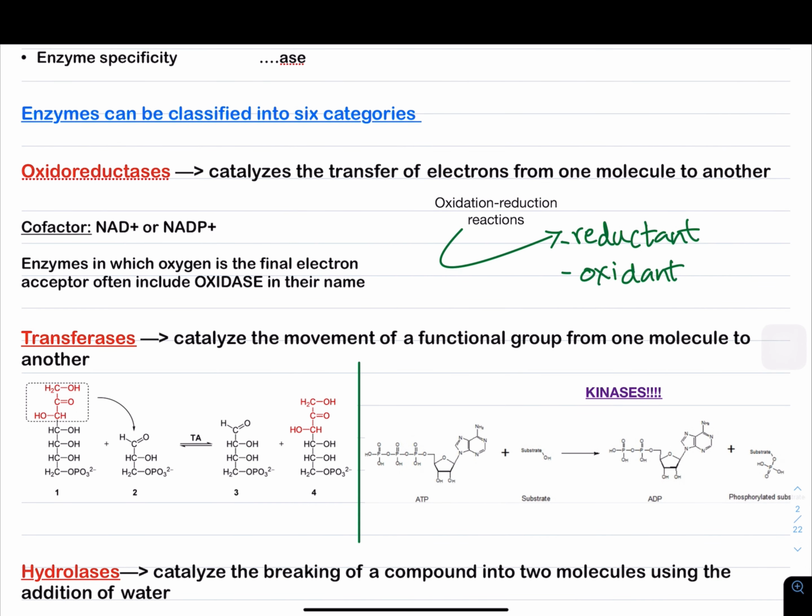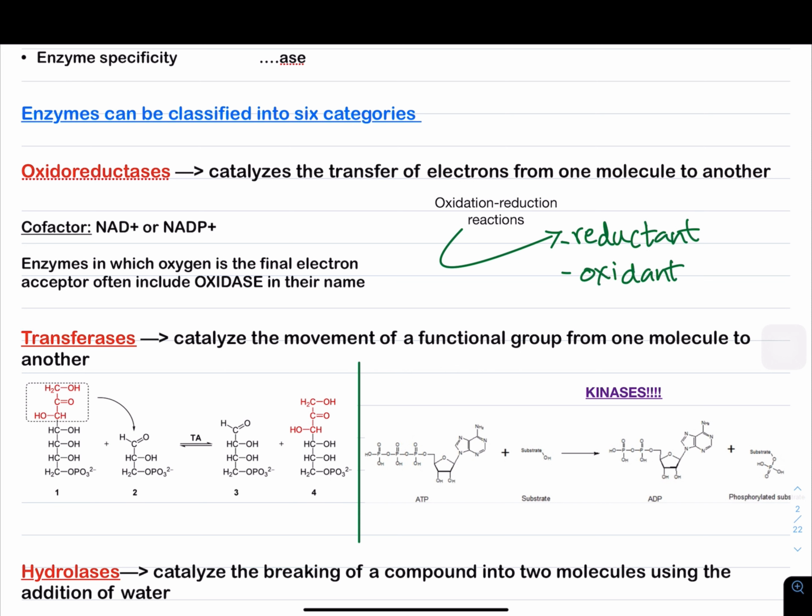So the first one on our list is oxidoreductases, which is a tongue twister, and they catalyze the transfer of electrons from one molecule to another, and because of that, they are used in oxidation reduction reactions. And the reductant would be the electron donor, and the oxidant would be the electron receiver.